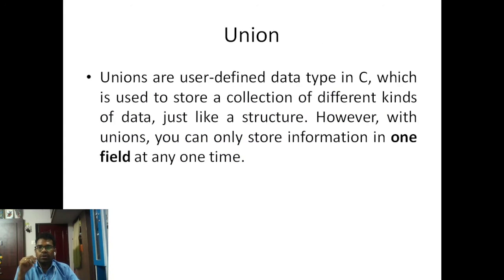So if you look into the union, this is the same as a structure, but the major difference is that it can hold only one field at any point of time.